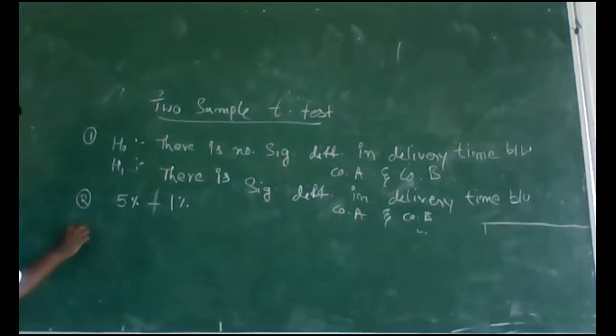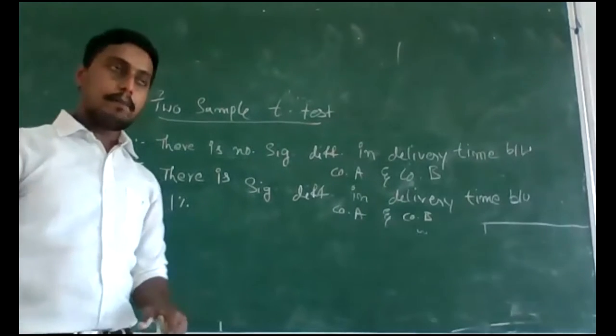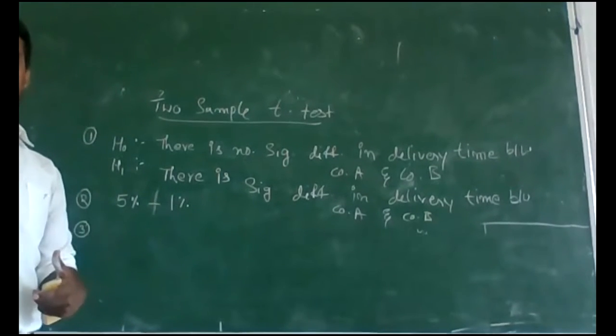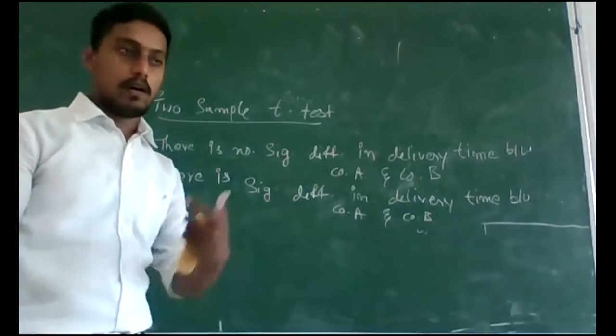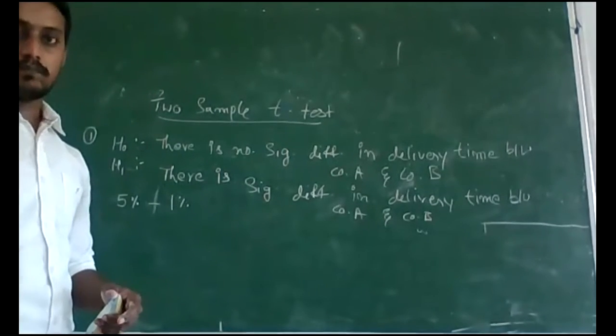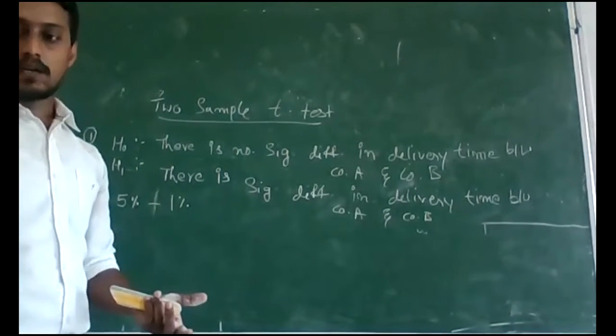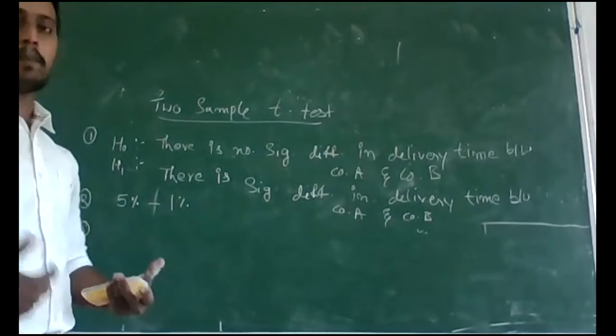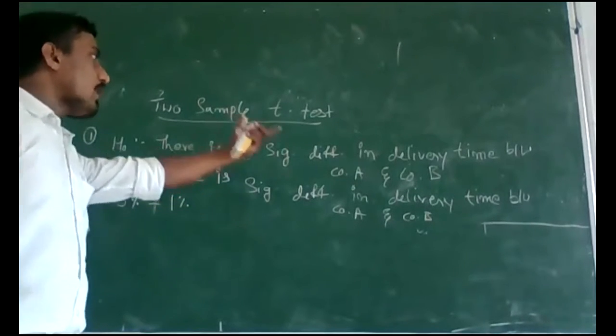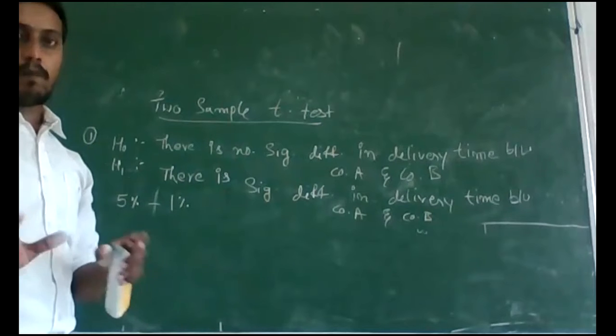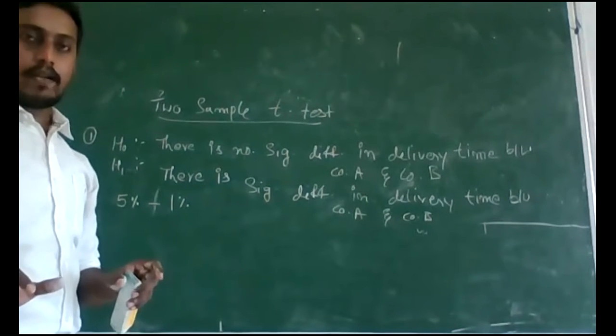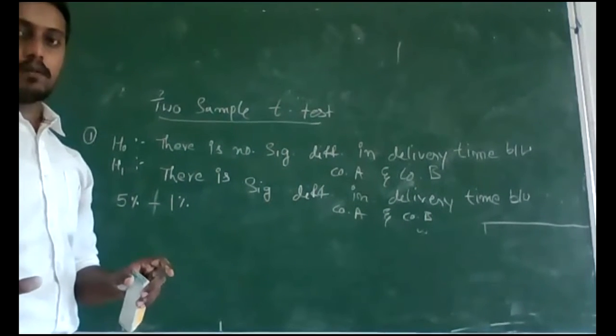So my next step is how to choose the right, or appropriate, statistical tool. That depends upon your hypothesis. We want to know the significant difference in the mean of two samples.